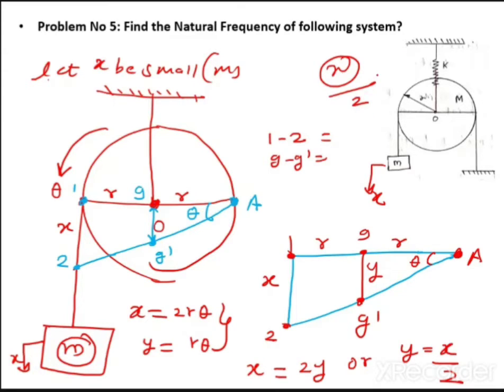Always, in any problem which has such type of orientation. And what is x by 2? It is nothing but y, approximately. Practically it may vary beyond or above x by 2, but theoretically it is always x by 2.